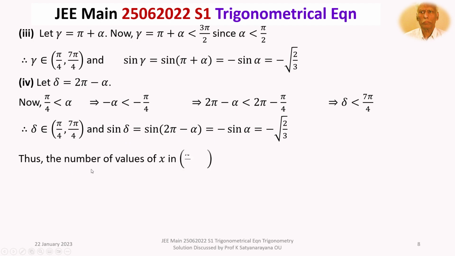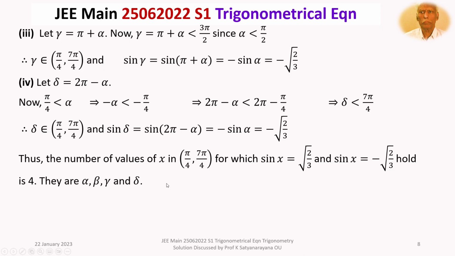So thus the number of values of x in this open interval pi by 4 to 7 pi by 4, for which sine of x is equal to plus or minus under the square root of 2 by 3, is 4. They are alpha, beta, gamma and delta as described above. Thus the answer for this question is 4.